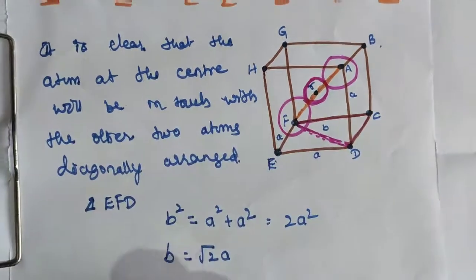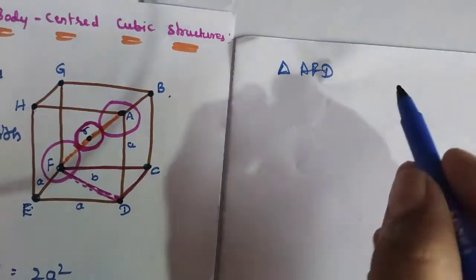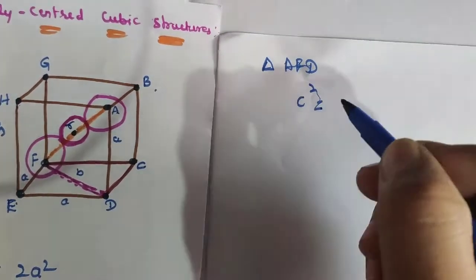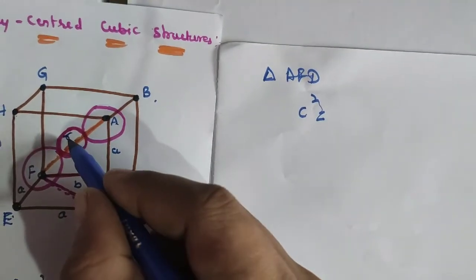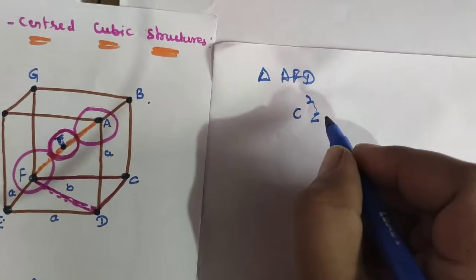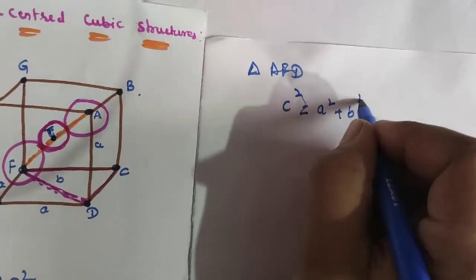Now let us learn about that. In angle AFD, let the body diagonal be C. So C square is equal to A square plus B square.